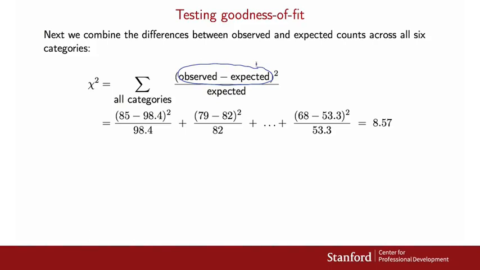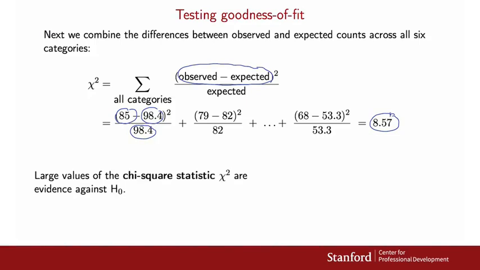So for example, for the blue M&Ms, we observed 85, we expected 98.4, and so we take the difference of these 2, square it, and divide by expected. We do this for all 6 colors, and the statistic, which is called a chi-square statistic, is then 8.57.